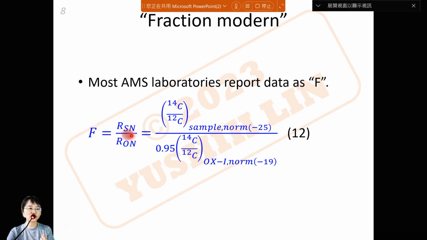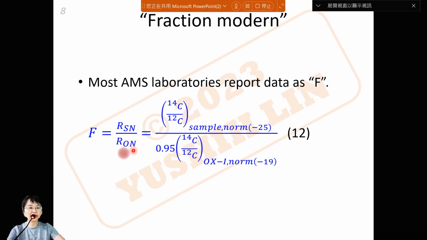F is the ratio of RSN versus RON. R means the ratio of C14 to C12. For mass spectrometric analysis, it's more precise to measure ratio than single isotope. So you see, it's always ratio. So this is the ratio of the sample, and it has been corrected by stable carbon isotope, normalized to minus 25 per mil.